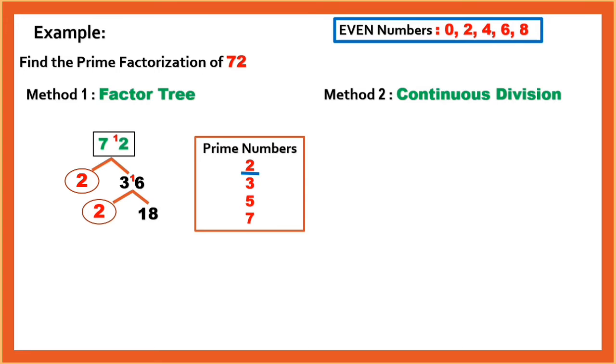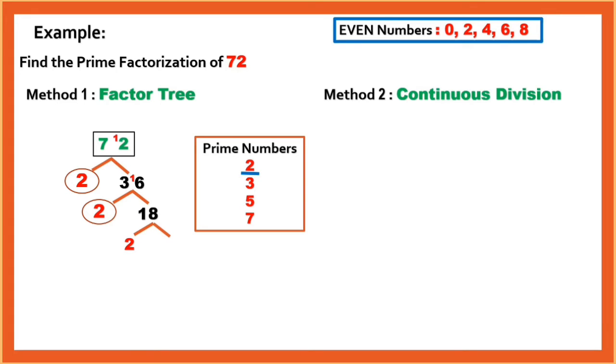So, magda-draw tayo ng dalawang lines. And then, mag-isip tayo ng dalawang factors ng 18. Since ang 18 ay even number, ibig sabihin, ito ay divisible by 2. So, ilalagay natin kagad ang prime number na 2 sa isang branch as one of the factor of 18.